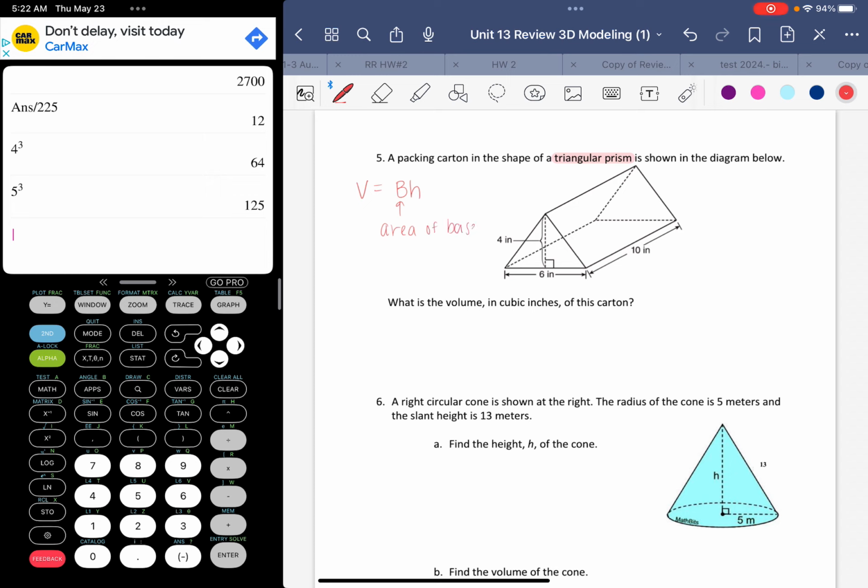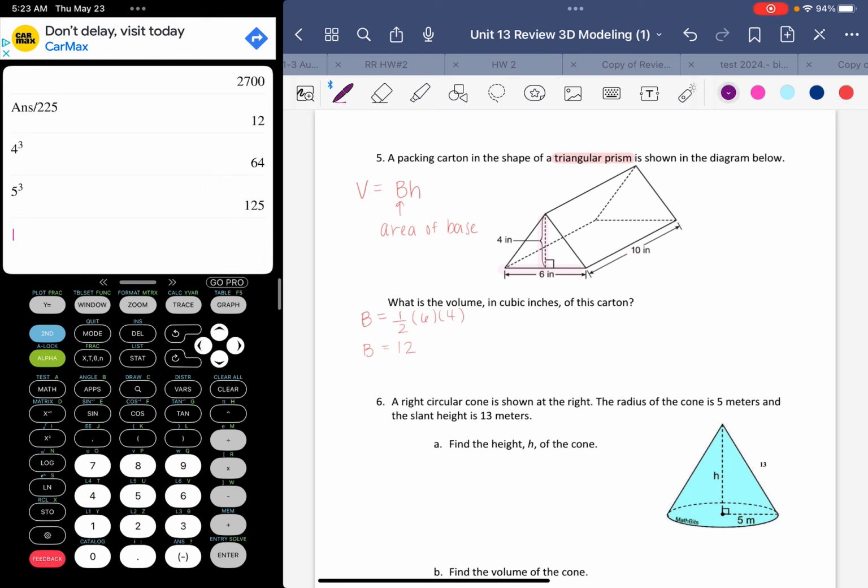This time our base is a triangle. So I'm going to have to figure out the area of that triangle. For a triangle, the area is 1/2 the base times the height. So it's going to be 1/2 times 6 times 4, and that will give you 12.